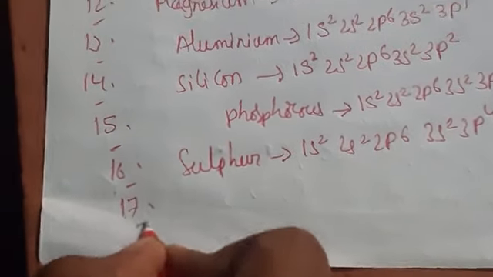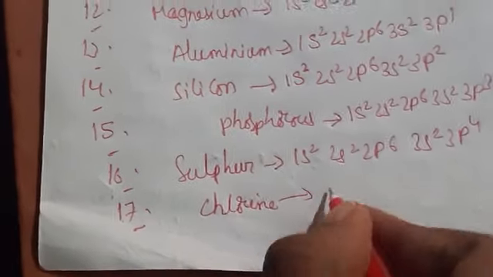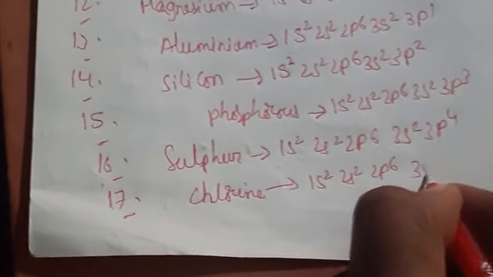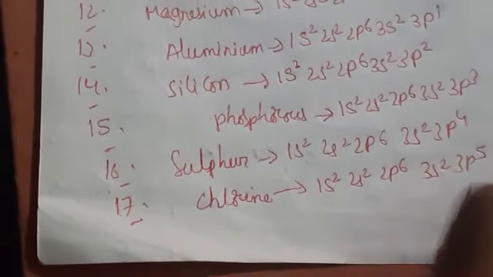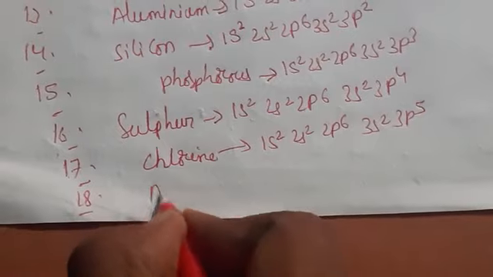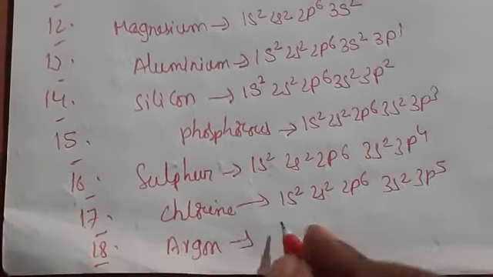Coming to the 17th element, chlorine. For chlorine we have 1s2, 2s2, 2p6, 3s2, 3p5. And next one we have argon. So argon has what here?